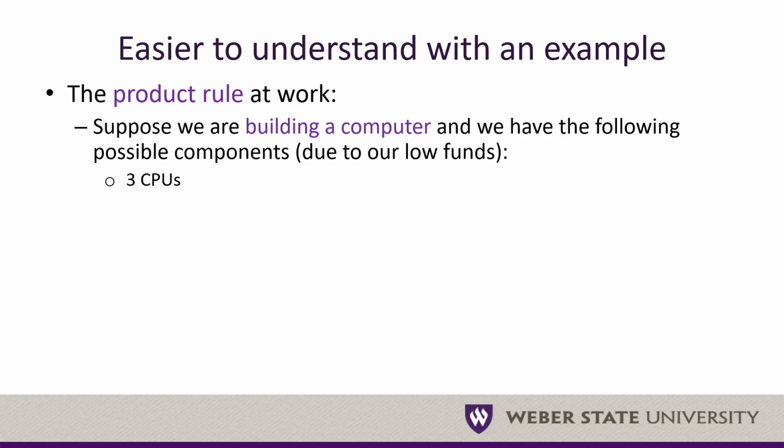Let's say that we've got 3 CPUs. So I'm looking at the Intel i5 family, the 13th gen, whatever. I've got 3 of them that I'm looking at. They've got their overclocked model, their not overclocked model, and their integrated graphics model. That's at least 3.